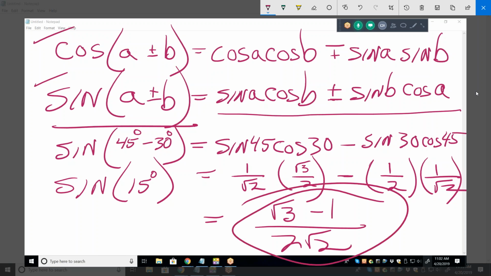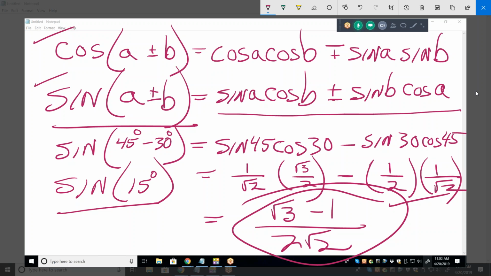And again, that's the only way we can come up with an exact answer. If I put sine of 15 degrees into your calculator... What kind of calculator do you have, Nico? I actually don't have a calculator, I just use the math department's at my school. Okay.